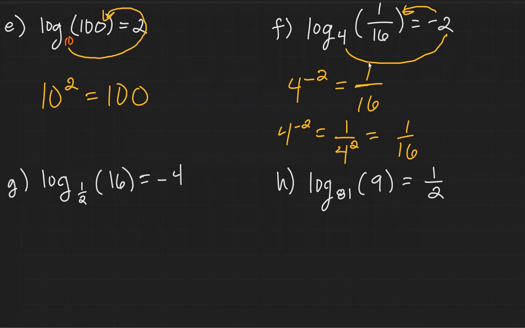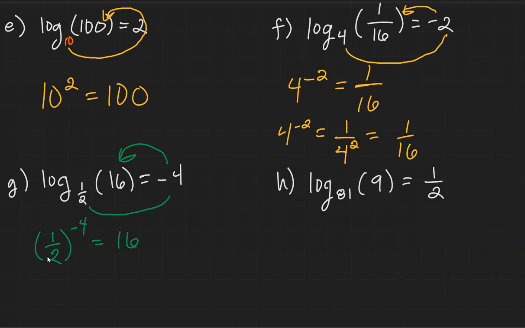So just remember that little circle visualization if you're having trouble with this stuff. Now the next one, base 1/2. So log base 1/2 of 16 is equal to negative 4. 1/2 to the negative 4 is equal to 16. All right, so when we deal with negative exponents, you can think about just flipping.